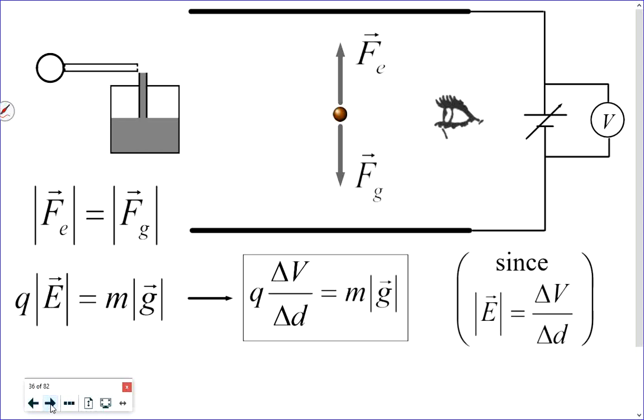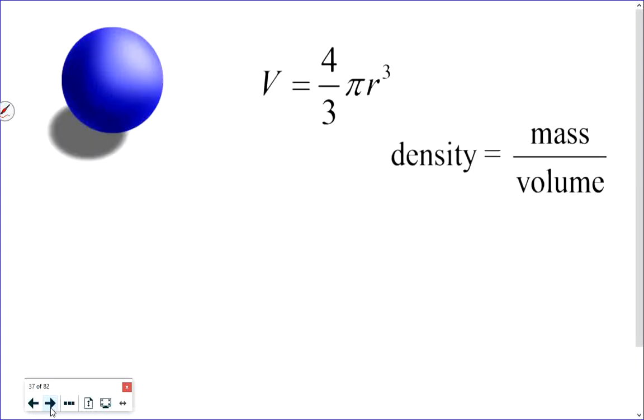If he knows the diameter of the drop, he can calculate the volume of the drop. And if he knows the density of the oil, he can use the volume to find the mass. Density is how many kilograms per cubic meter. So if I want to know the density of oil, I wouldn't use a whole cubic meter, I'd make it smaller.